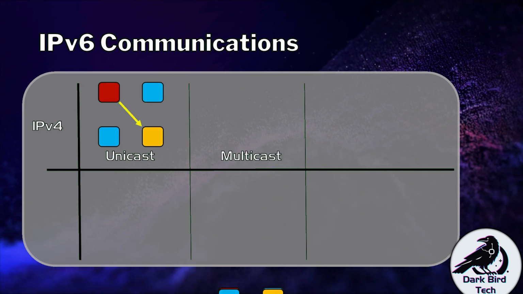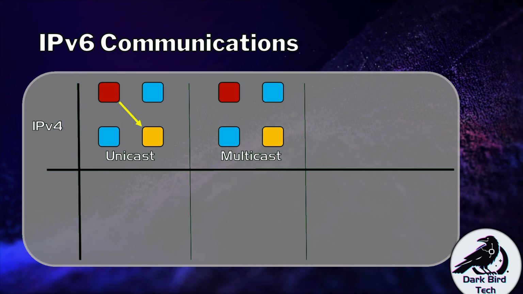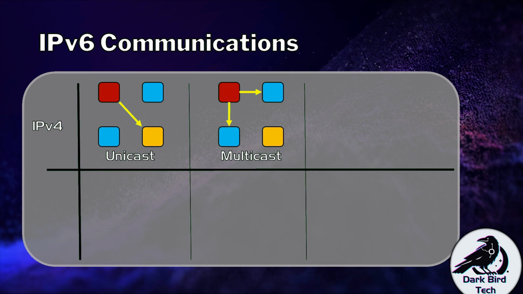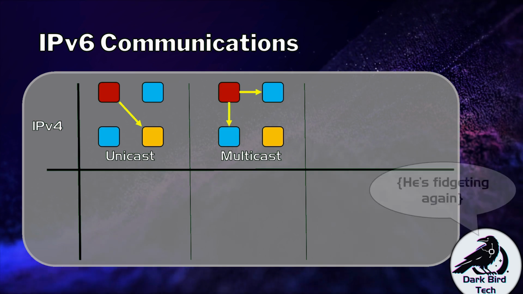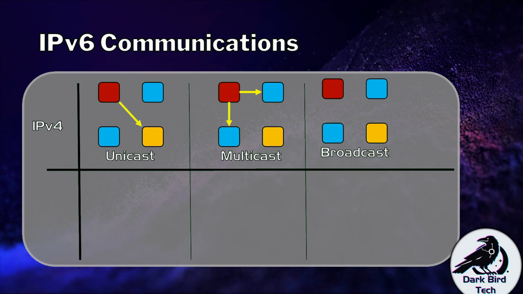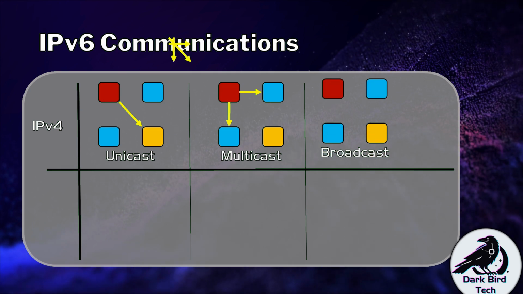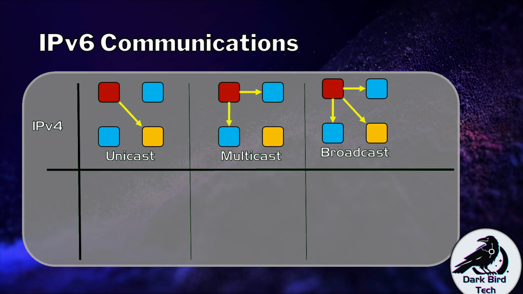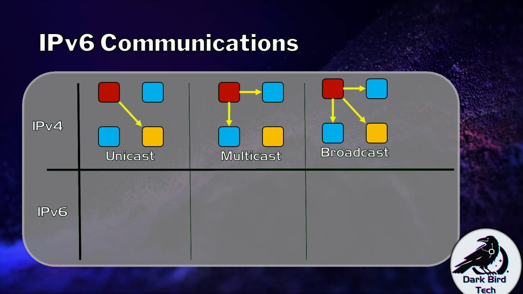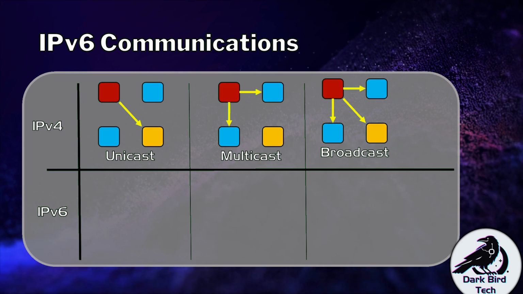Then, with multicasting in a network, we are able to target a select group of devices. So, for example, only the blue blocks are being spoken to. Then in IPv4, we also have broadcasts, where in a network, a message gets sent out to everybody and anybody who could receive it. IPv6 is sort of similar, but changes it up a little bit at the end.